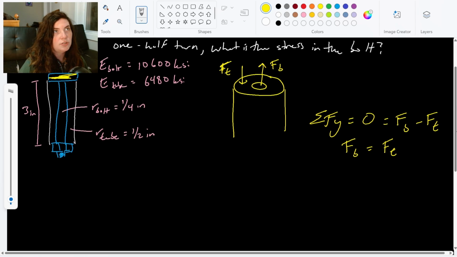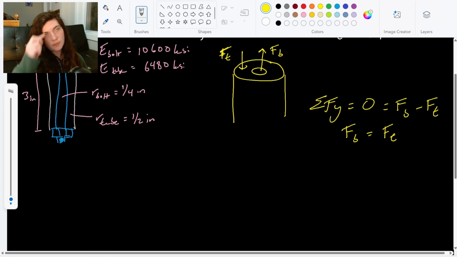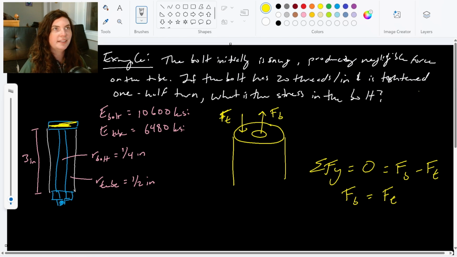So we're going to do our compatibility. It tells us here that we're going to tighten it by 1/2 turn, and it also says that the bolt has 20 threads per inch.